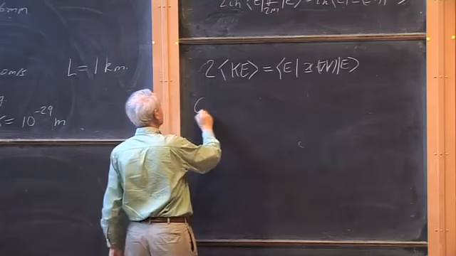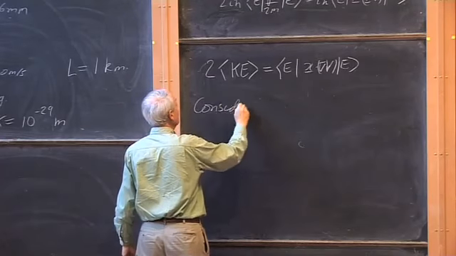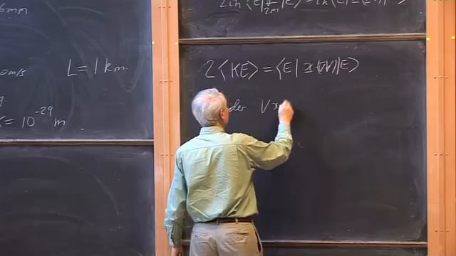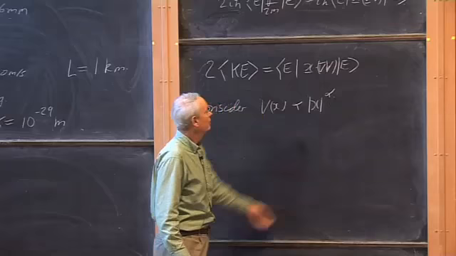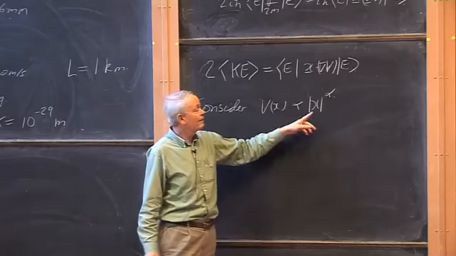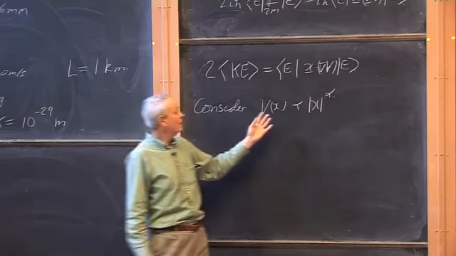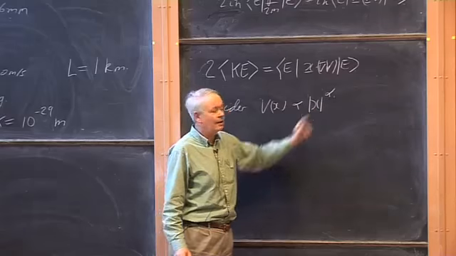But consider now very important cases where V of x is proportional to mod x to the alpha. So, for example, for a simple harmonic oscillator we're about to discuss, the potential energy goes like x squared, so alpha is 2.